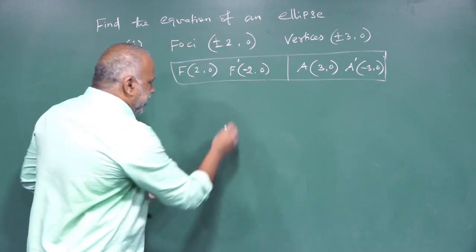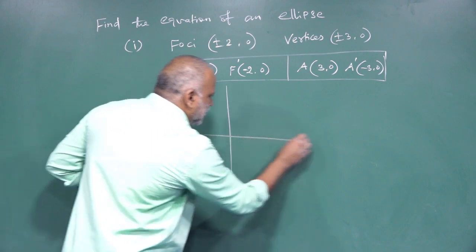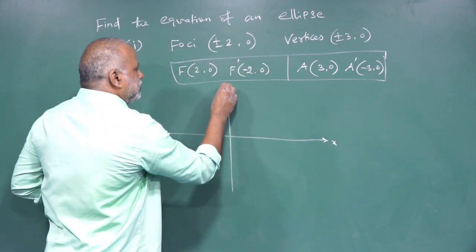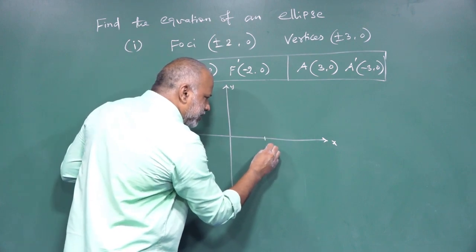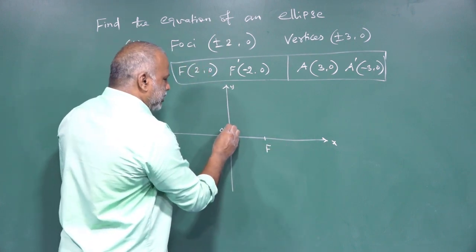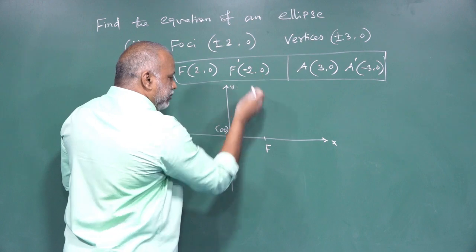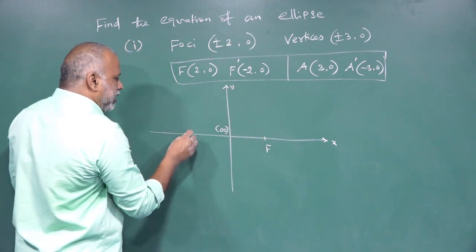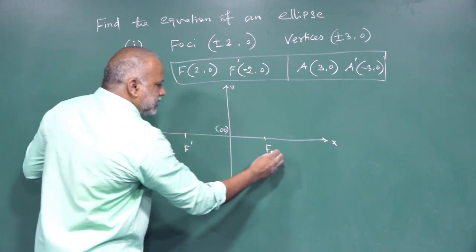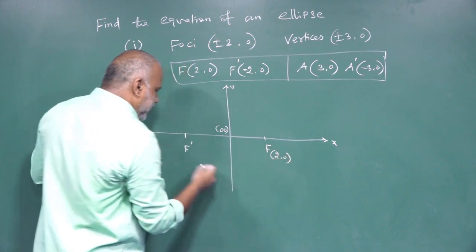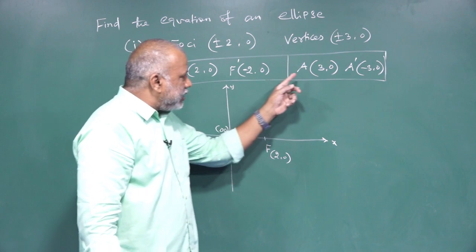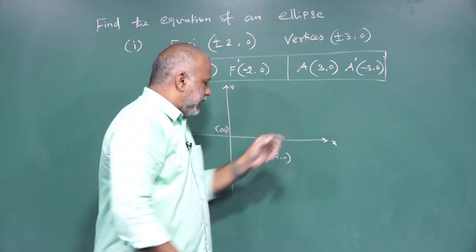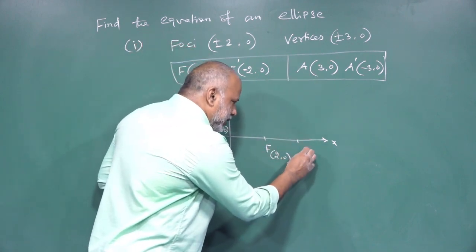Now we are going to take all these in a diagram. See, 2, 0 must be here only. It is 0, 0. Then minus 2, 0, equidistant on the opposite side. F dash. Say it is 2, 0. Another should be minus 2, 0. Then the second one, vertex 3, 0. It must be after this only.